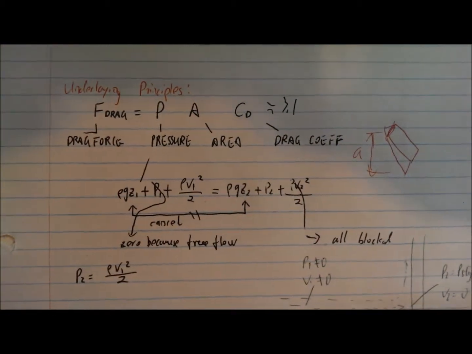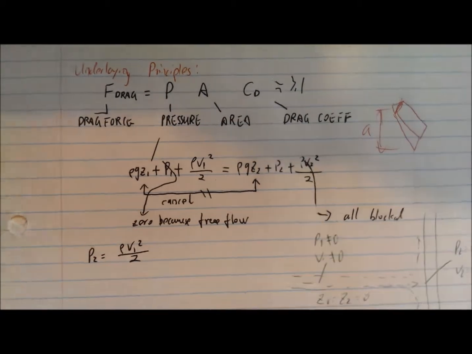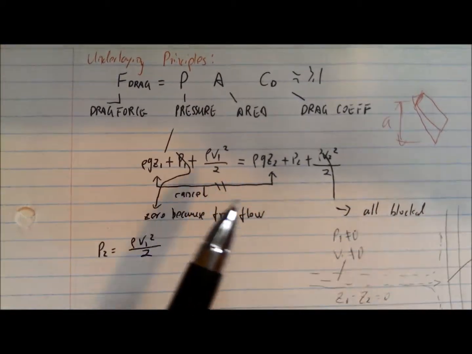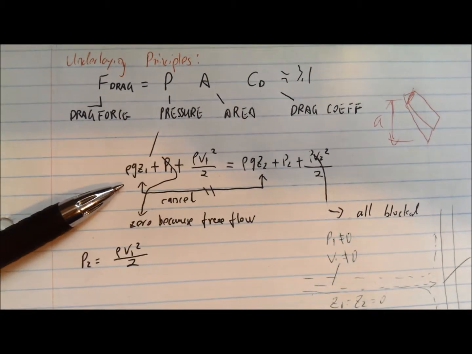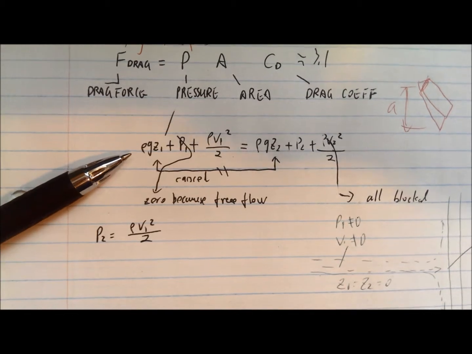Now let's go into the underlying principles. Force of drag equals pressure times area times drag coefficient. For the pressure, we will go deeper using Bernoulli's equation and transfer that into an energy equation.